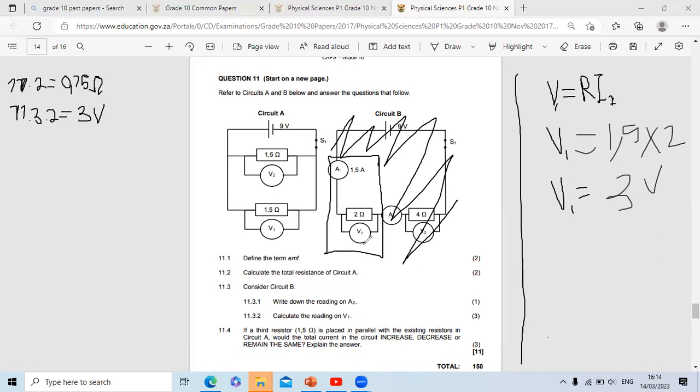The reason why in science we have units is so that we can differentiate everything. So we don't just have 1.5 times 2 giving us 6, because we have to be able to say that this unit is for resistance, this unit is for current, and all these things.